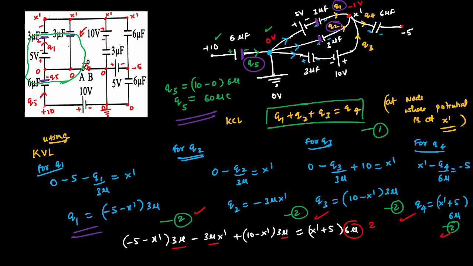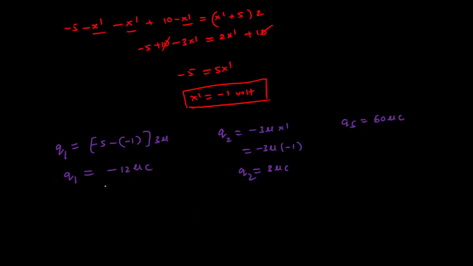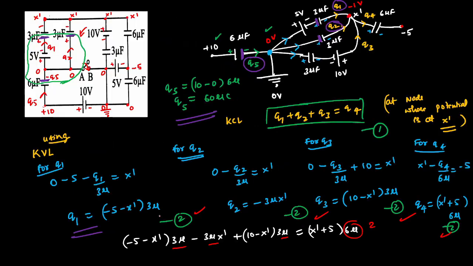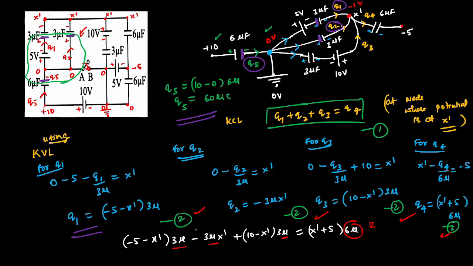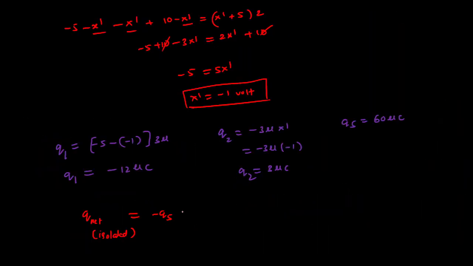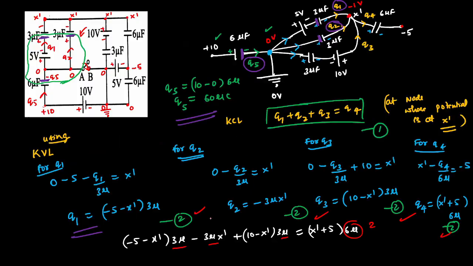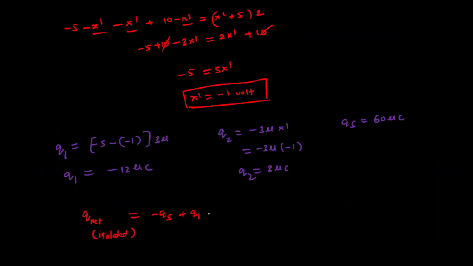So we have q1 there. This is q2, so plus minus. So we will now take the charges of your interest for the isolated part. Okay, so for the isolated part you have minus q5, then plus q1, and plus just q2, not q3.